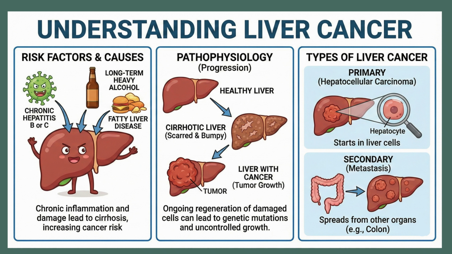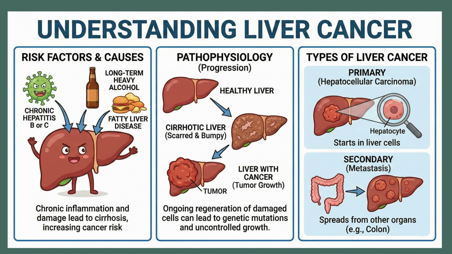Pathophysiology: the most common type of primary liver cancer is hepatocellular carcinoma, or HCC. The primary driver is chronic inflammation of the liver, which often leads to cirrhosis and then to cancer.